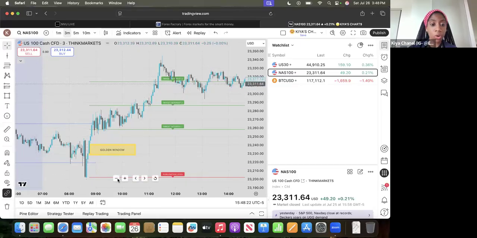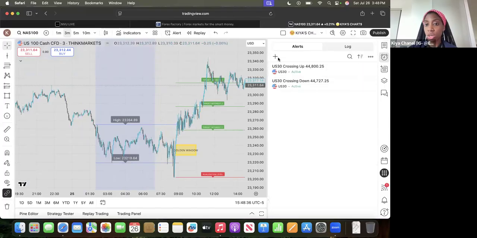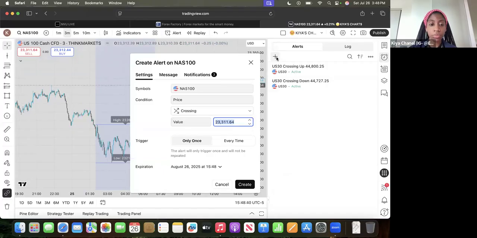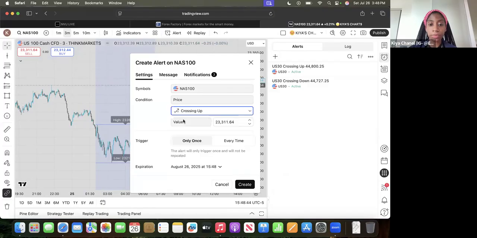But before all of this golden window, all this came out, the Skywalker scanner gave you the high and the low. So what you would have done is you would have gone to your alerts. You go to create alert. You're going to create the cross up.